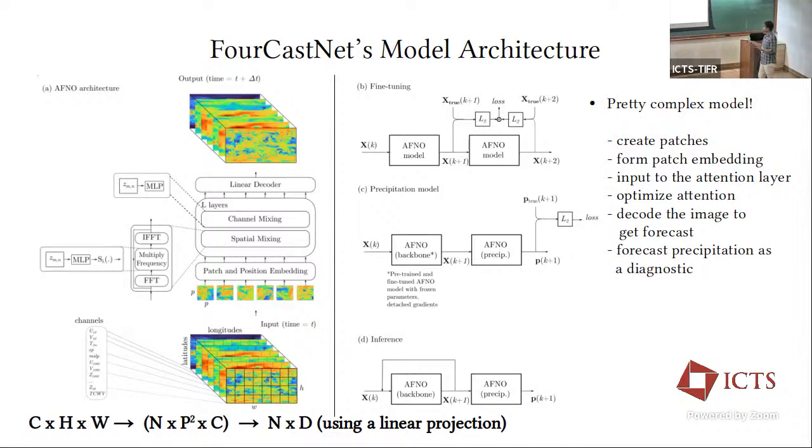So the input of ForecastNet is designed such that each of the 20 variables forms one separate channel of your input. So it's a 3-dimensional tensor with width and height at 0.25 degree resolution, and 20 channels, 1 for each of the training variables.